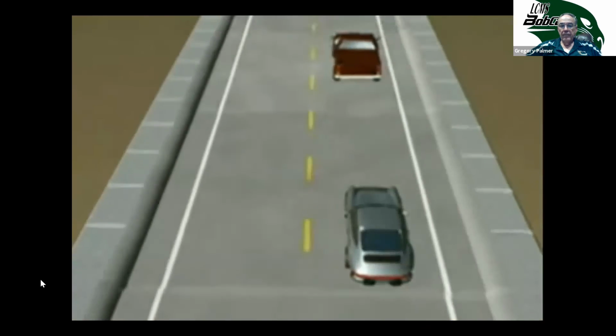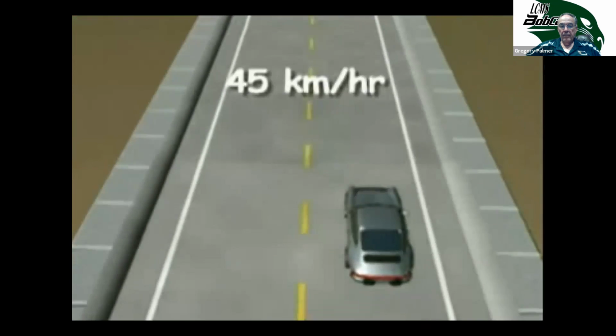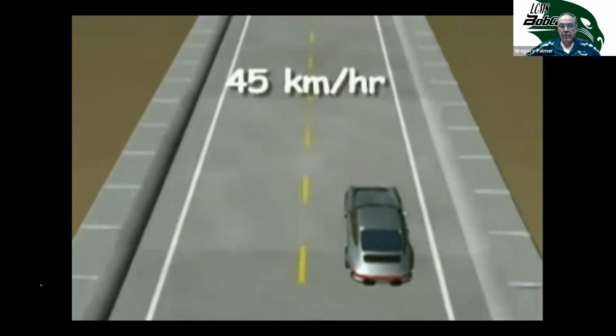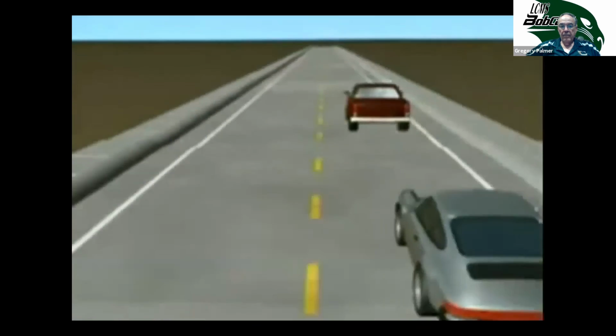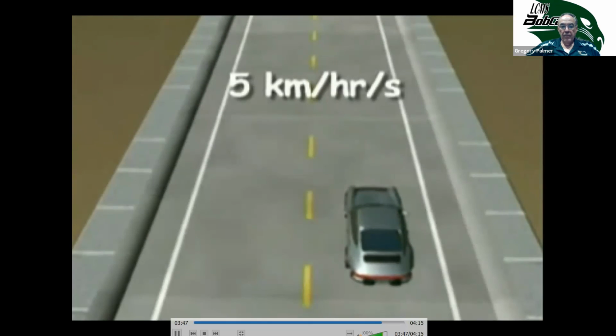Suppose you are in a car traveling at 40 kilometers per hour, and the car accelerates to 45 kilometers per hour over the next second. The acceleration is 5 kilometers per hour per second. Notice that there are 2 units of time. One is the unit for the car, and the second is rate.